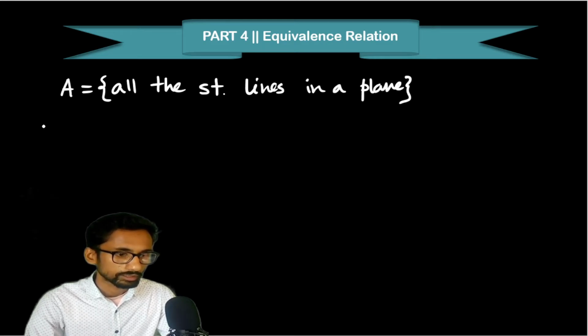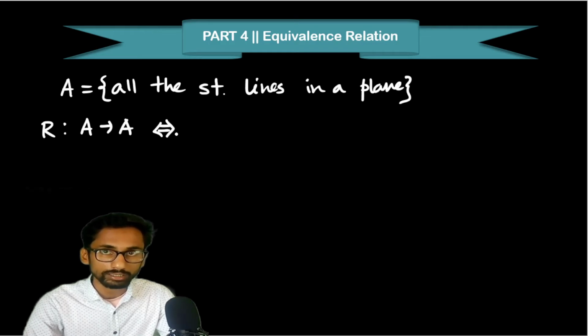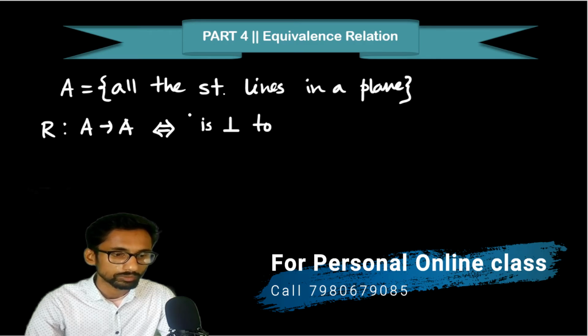Now the relation A to A is defined by, this both-ended arrow represents defined as or defined by. So this relation A to A is defined by 'is perpendicular to'. This is the definition.